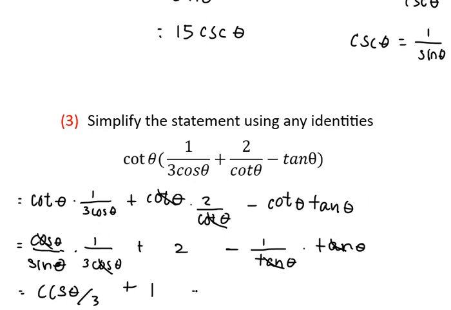Can we further simplify this? We have a common denominator: cosecant theta plus 3, all over 3. Okay, and I guess that's it.